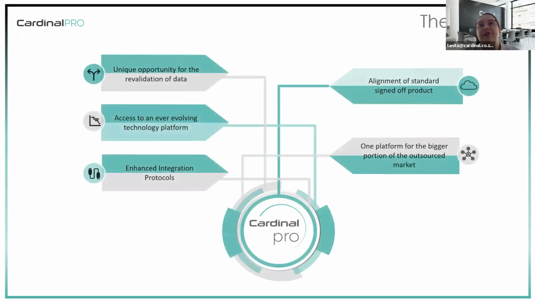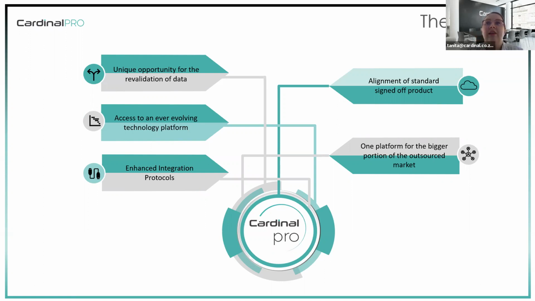So what is the benefit to our partners? The migration to 360 allows us the unique opportunity to revalidate the data. So clients can really use this opportunity to clean up their data, to make sure that we obtain missing data or data that is unconfirmed.